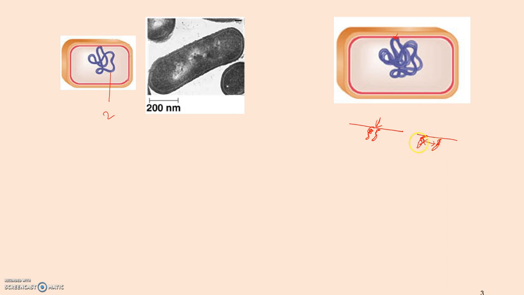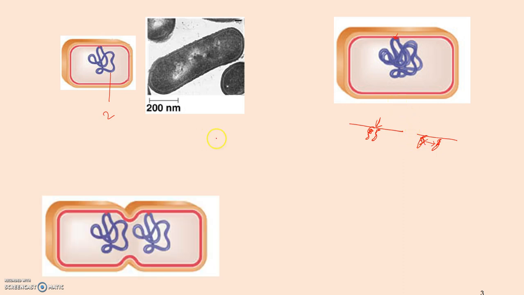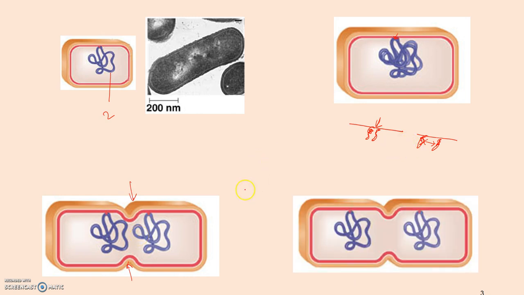As they start separating, you will notice that the cell membrane and the cell wall start to grow inwards. And as it grows inwards, you're noticing that the cell is stretching, elongating, cell wall material and cell membrane material are being deposited, and the chromosomes are becoming more and more separated, going towards the opposite ends.